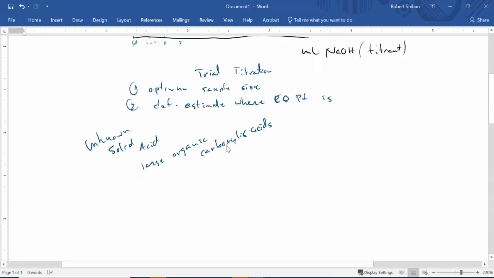We're going to weigh these on the Chem 1A analytical balance. So you're going to weigh, let's say, a 0.1 gram sample or something like that.